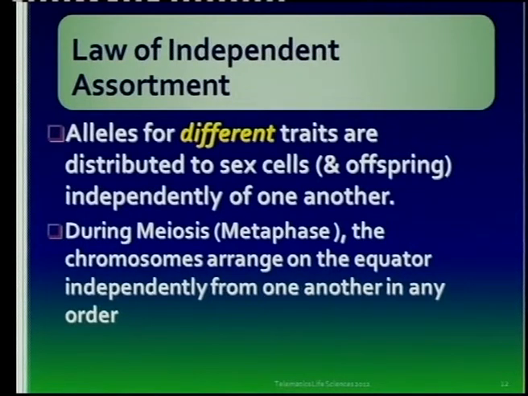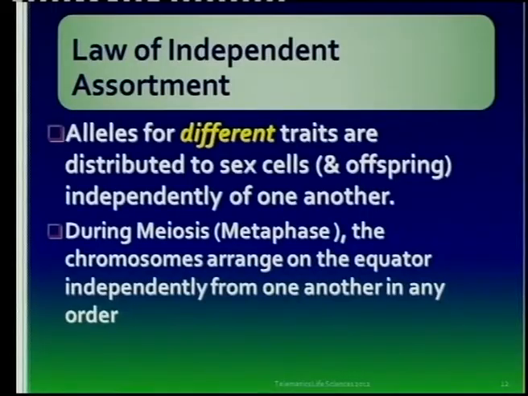If I have blonde hair and brown eyes, it doesn't mean that I have blue alleles because I've got blue eyes in my family. It doesn't mean that the brown allele must go with the blonde hair, must go with being short, must go with having a spotty skin or whatever. Each gene, its alleles, will be inherited independently from other genes.